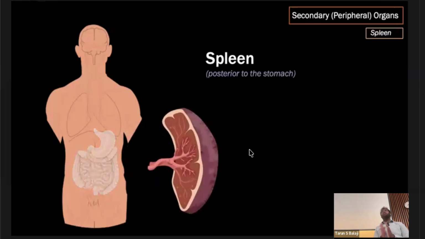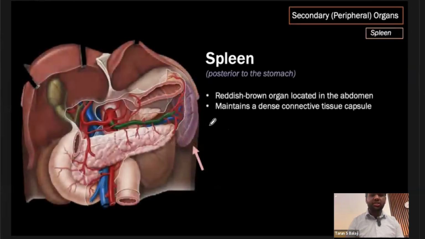And in a lot of dissections, you might be tempted to be like, oh, it's behind the stomach. Oh my God, it's the kidney. Not. It's just the spleen. So yeah, it's got this dense connective tissue capsule that's this reddish brown color.